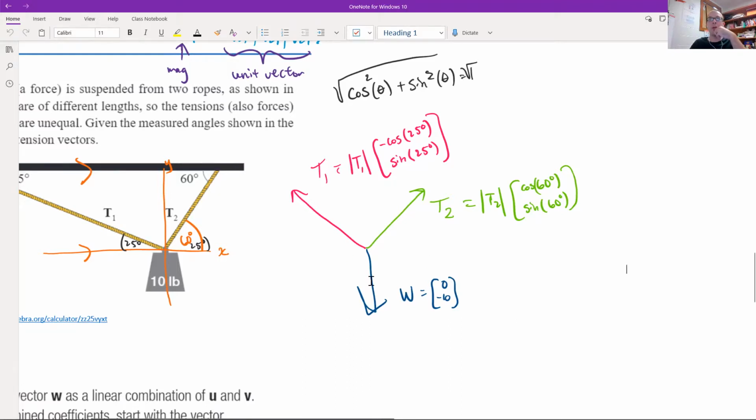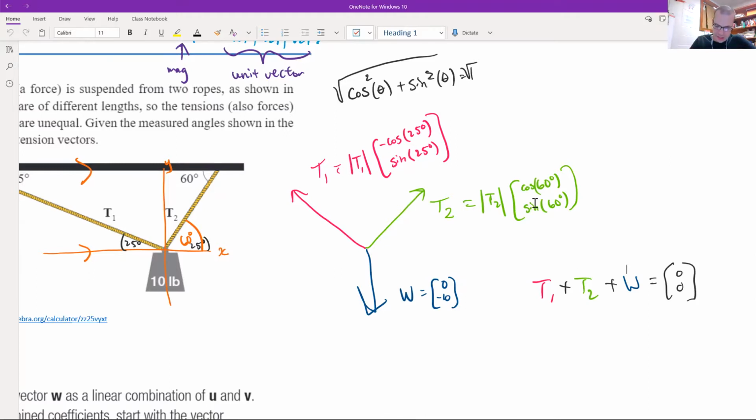In order to support this weight and keep it stationary, the top two vectors need to add up to be the opposite of W. Or really, the way you might want to think about it is that the forces T1 plus T2 plus W equals a zero vector. And that would mean that it's stationary.